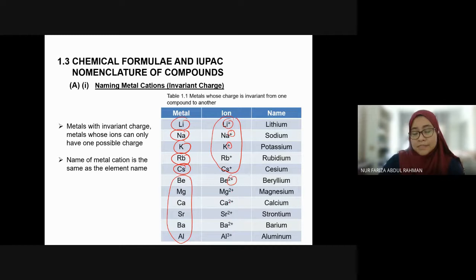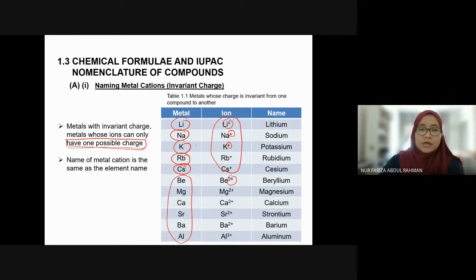All the members in group 2 have a positive 2 charge. It can only have one possible charge, and it cannot be changed.